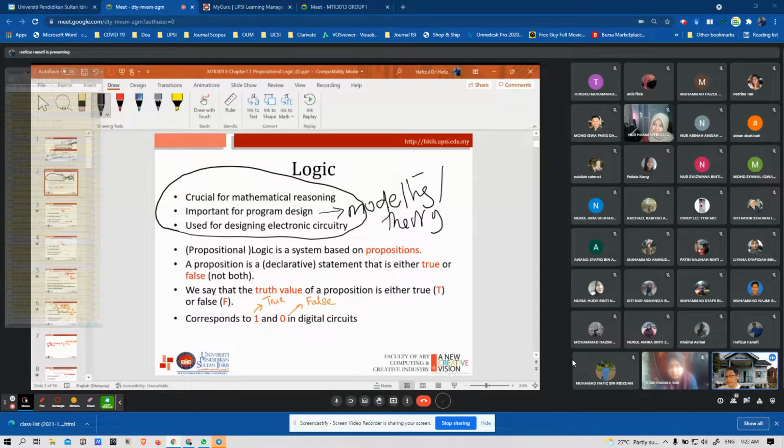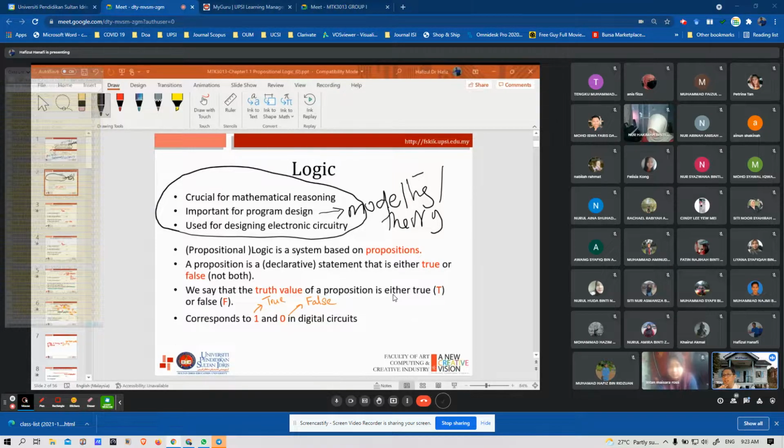Okay, and then propositional logic is a system based on the proposition. When you talk about the proposition, basically it is declarative, which means that you need to declare the statement. Proposition is declarative. And for propositional logic, you must infer either true or false.